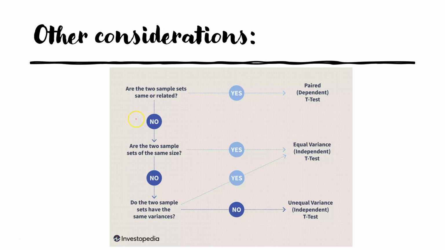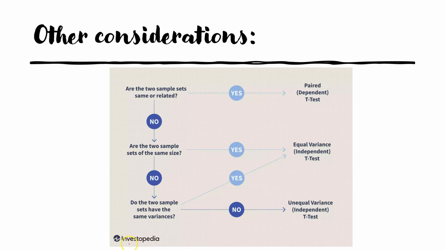But if they are not the same or related, then you next ask, do you have sample sets of the same size? And yes, if that is the case, I have N of 3 in both cases, there's similar variability, then I can run an equal variance t-test. If I have the two sample sets that have the same variances, so their averages and variance show up the same when we run the f-test, then we can also run an equal variance t-test.